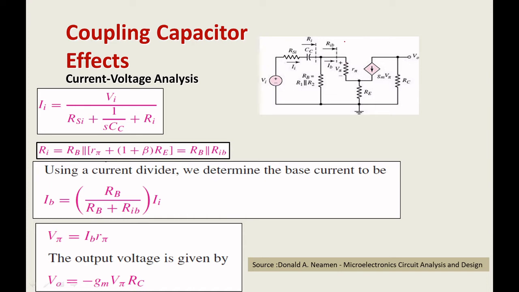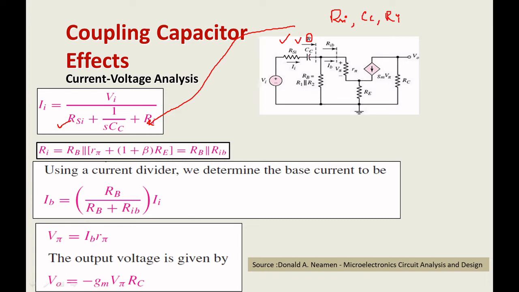Now you apply current-voltage analysis. Here I want to find IA. IA will be your input voltage divided by the elements connected at this node. You can see RSI is connected, CC is connected, and RI is connected. So I am writing RSI, CC and RI on top.